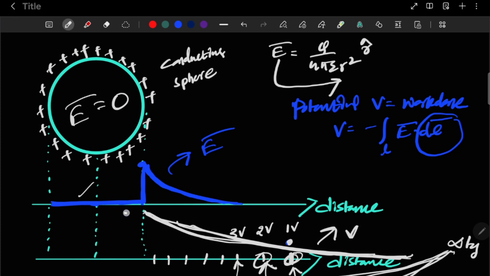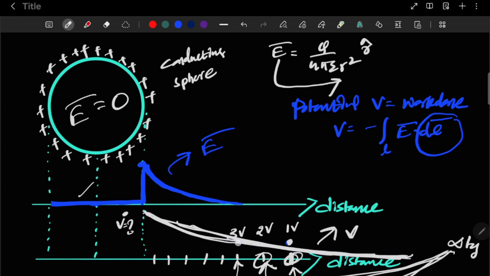If you want to measure the potential at this particular point, the charge is to be moved from infinity to this point. It is not from here to here. In order to define the work done here, the charge is to be moved from infinity, so you are traveling all this distance.